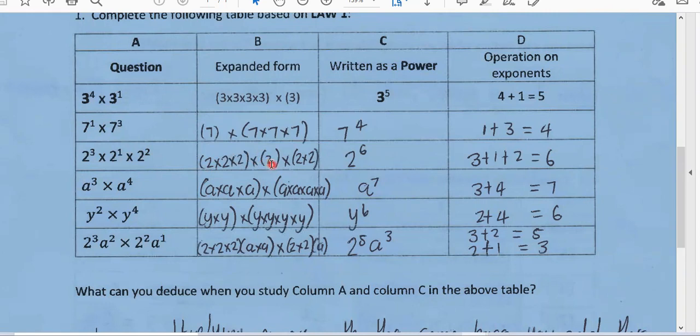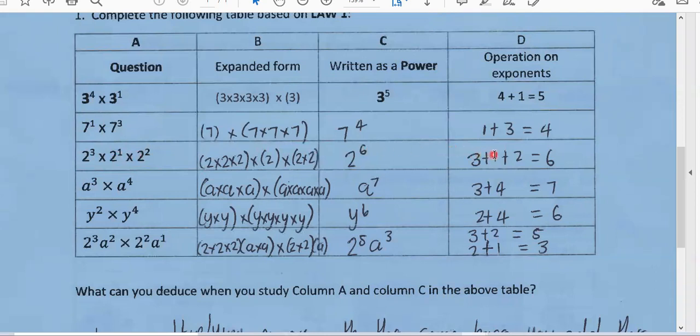That means we must write the 2 only one time because the exponent is telling me how many times I must multiply that number by itself. Then next up, we got 2 to the power of 2, or 2 to the exponent 2. That means you must multiply 2 by itself twice. Now write it as a power, that will be 2 to the 6.